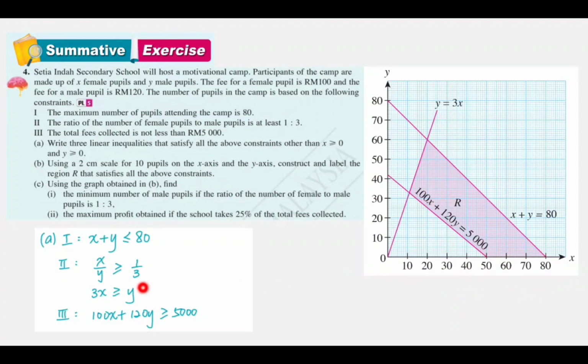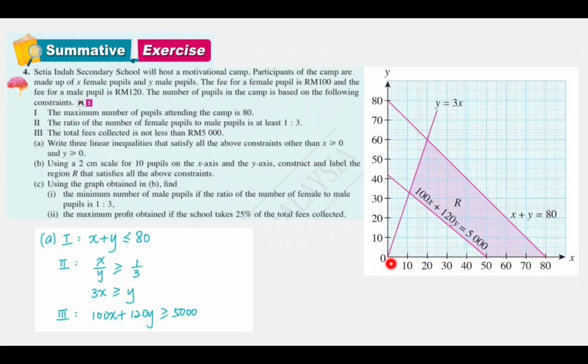Then y equals 3x, or 3x equals y, passes through 0, 0, and then pick an x that you like. Let's say I choose 20. So y should be 3 times 20, which is 60. So I'll get a line that passes through 0, 0 and 20, 60. This is my y equals 3x.